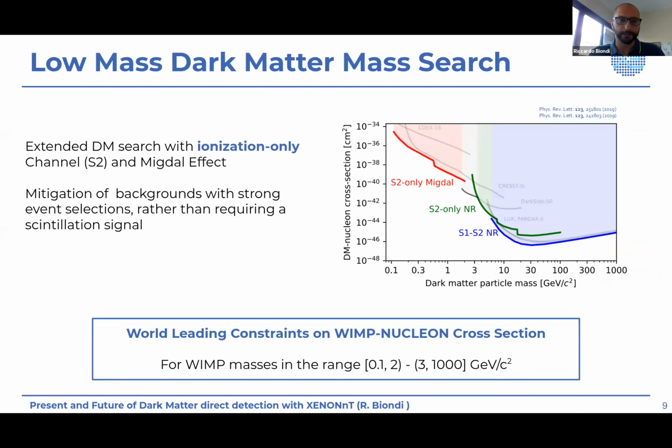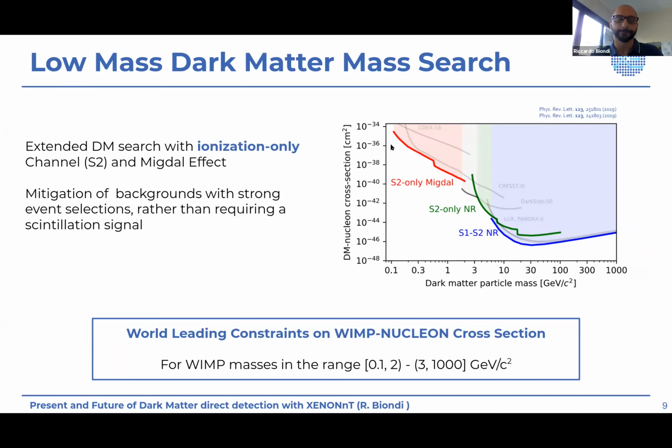We can extend our search to lower mass dark matter candidates. So you see the previous result was this blue line here. We could extend using the ionization-only channel, so only S2, and the Migdal effect.